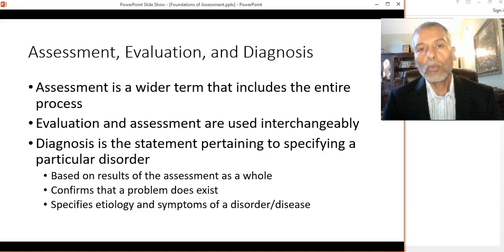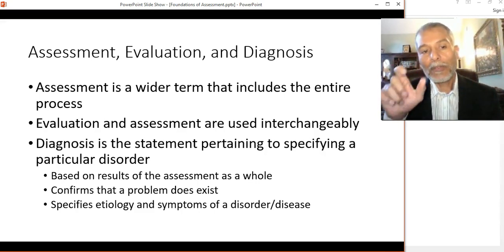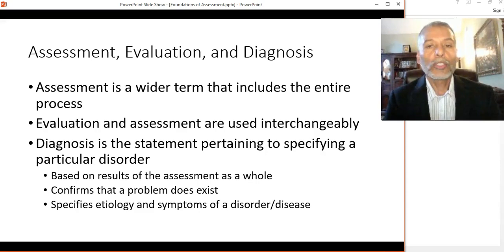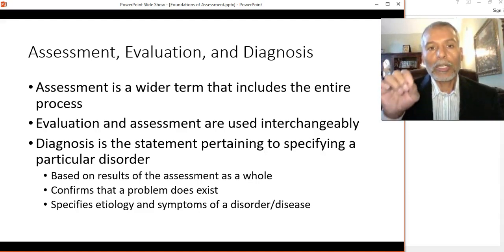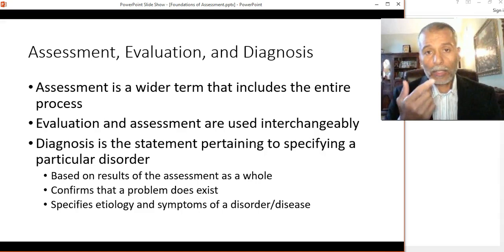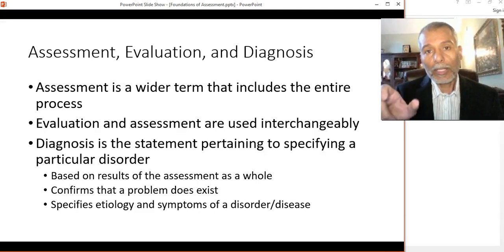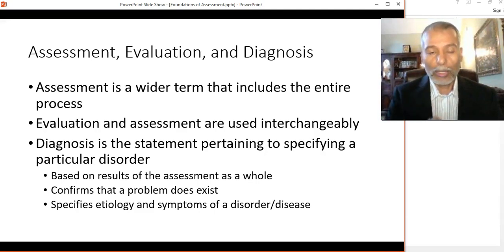Sometimes, like in the school systems, they might call them disabilities, based on what state you are in. So diagnosis is the statement that you make pertaining to specifying a particular disorder. You make a diagnosis only when there is evidence that a particular disorder exists. So the diagnosis involves a label that you give, that this person has a language disorder or a speech disorder.